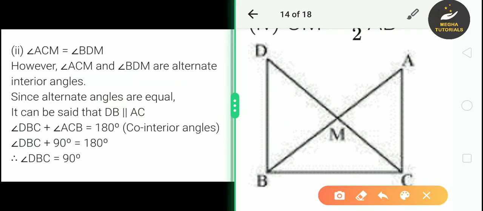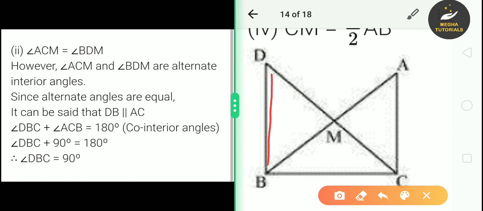Just we have proved that angle ACM and angle BDM are congruent. If you see the position of these two angles, they are forming alternate interior angles. It means we can say that line DB and line AC are parallel lines. Therefore we can write DB parallel to AC, in bracket you can write alternate angle test.